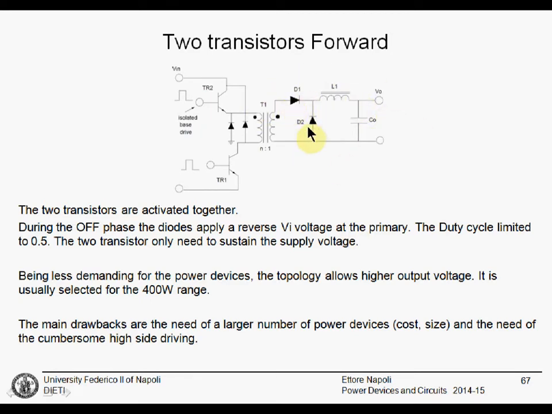We have D1, D2, the LC filter, and the output voltage that is connected to the load. And here we have the transformer. The two dots are in the same direction because there is a direct energy transfer between primary and secondary side. The switch is here. Everything is like we expected. The differences are this second transistor and these two diodes.